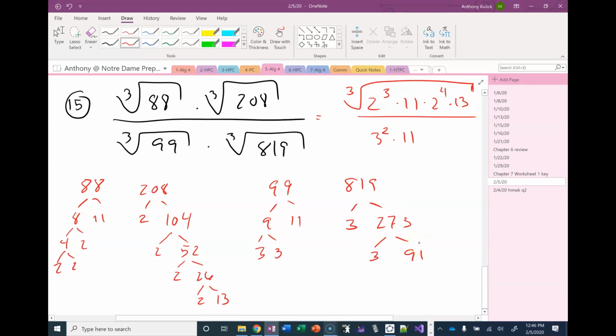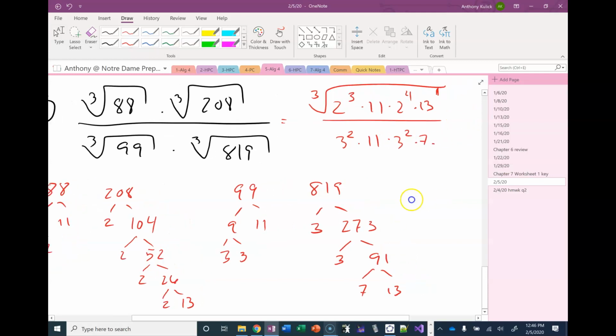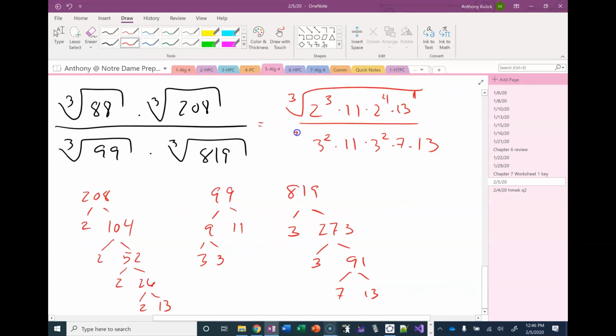So that worked. And this is 7 and 13. We okay to here?